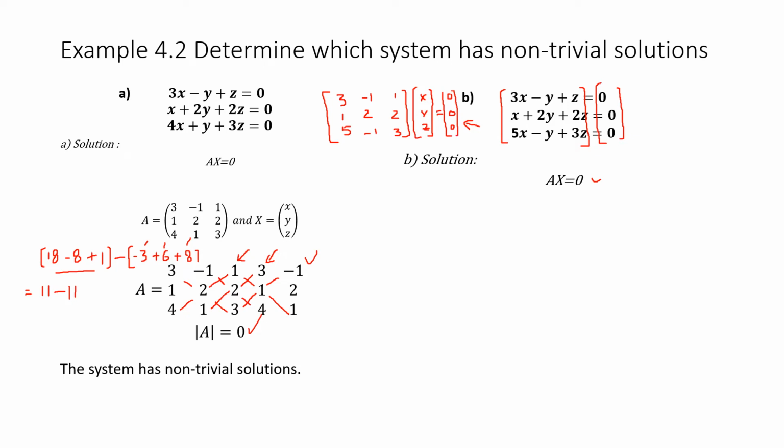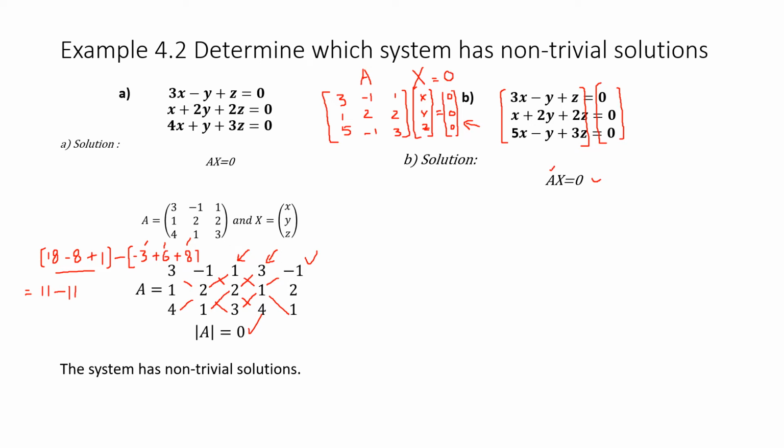Okay, we call it A. This matrix is X, and this matrix is capital O.